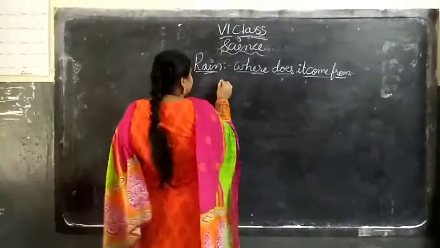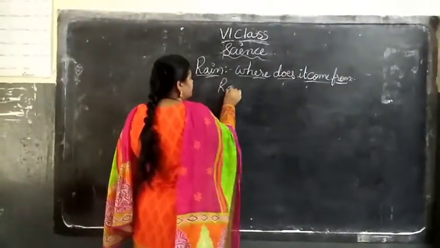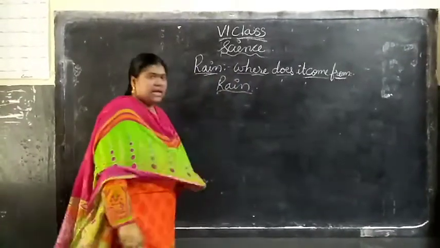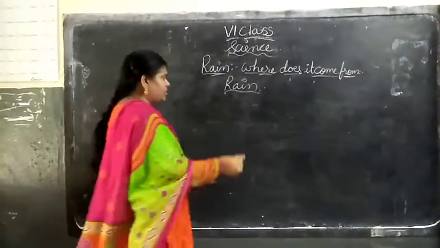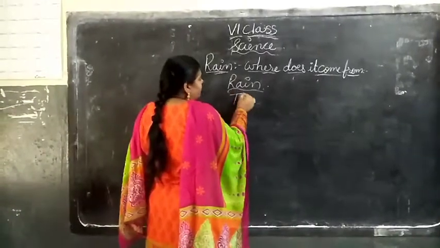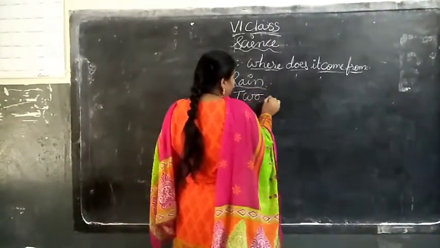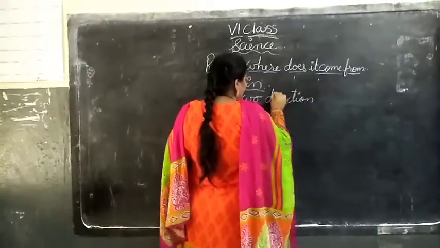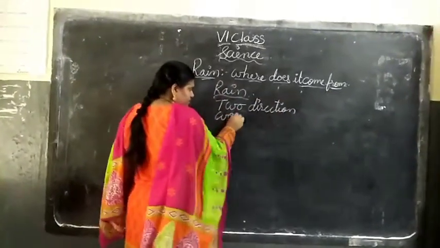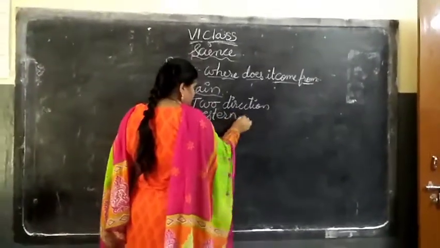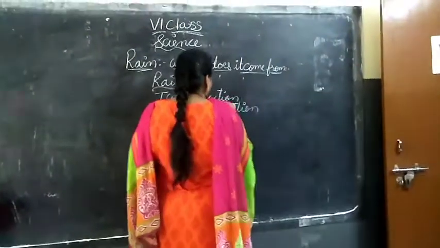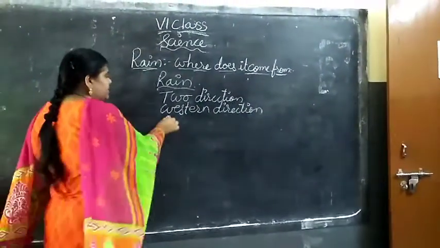So the clouds got condensed and converted into rain. In which seasons can we see the wind direction in two directions? That is the western direction and the second one is the eastern direction.